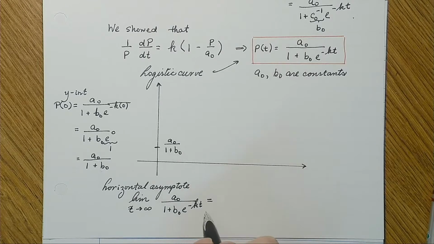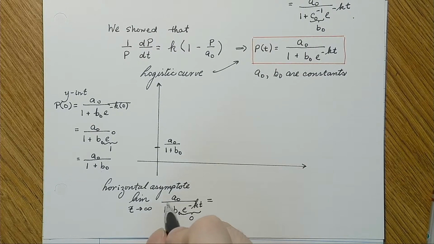So it means that this approaches 0, which means that this whole thing here goes to 0, so I have 0 times b naught. So that also is going to be 0.